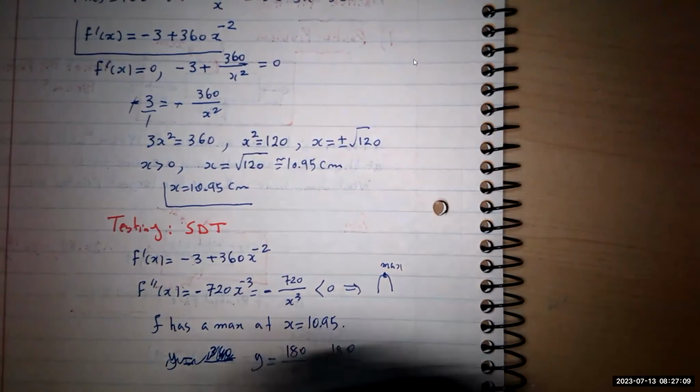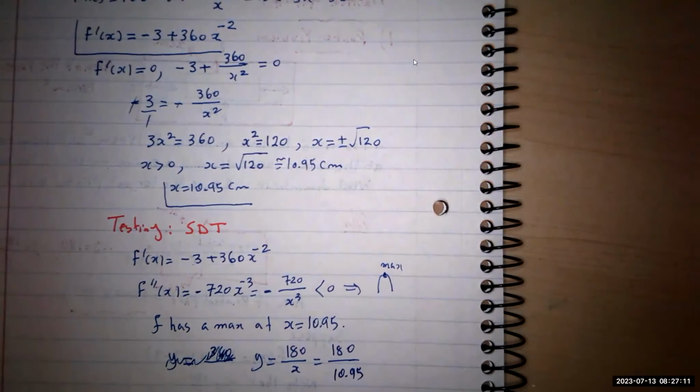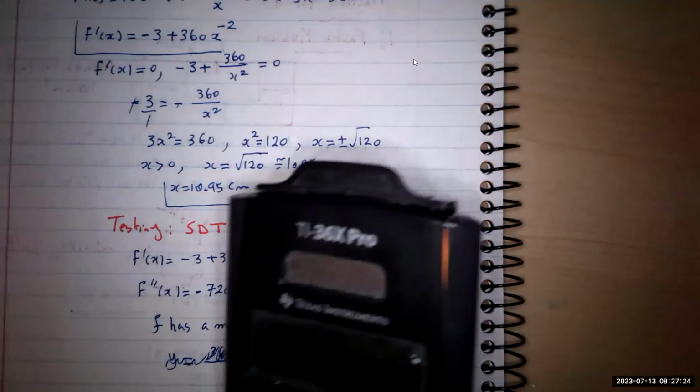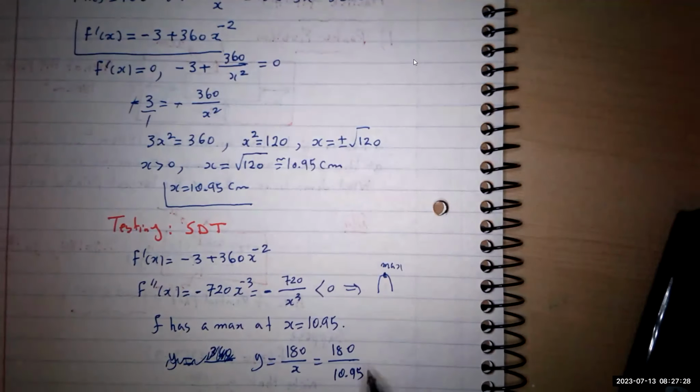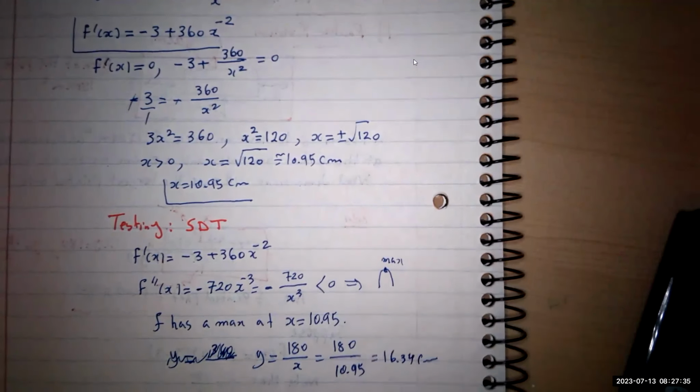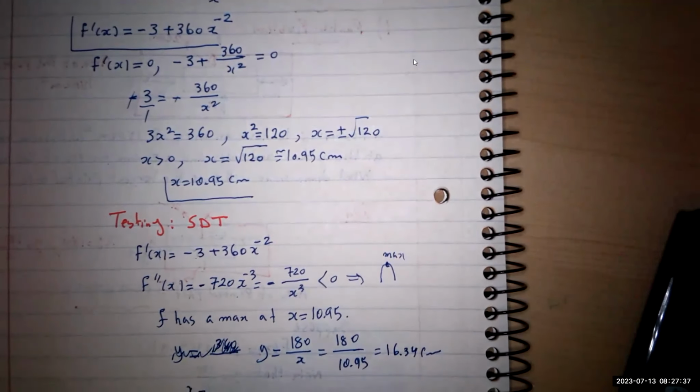Then you are going to use a calculator to get this result. So this is going to be 180 divided by 10.95. The result would be something like 16.43, or 16.34 centimeters.